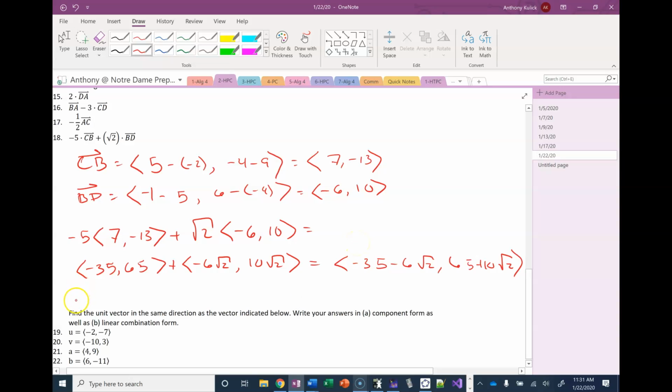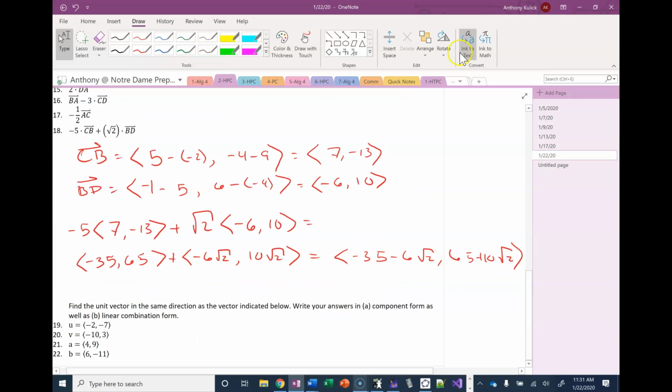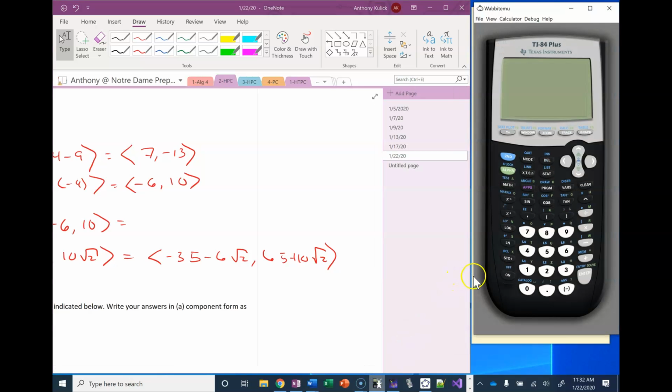And then to find the magnitude, since it doesn't tell me I need the exact form for the magnitude here, I'm going to use my calculator to do this because it'll just make my life a little bit easier.